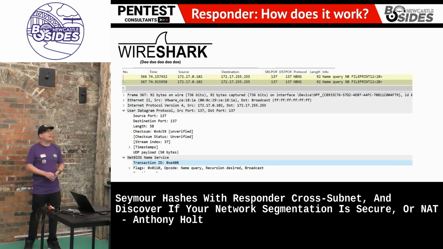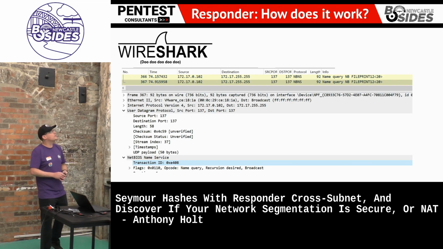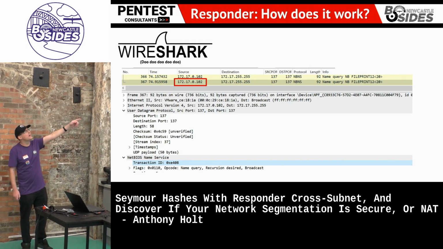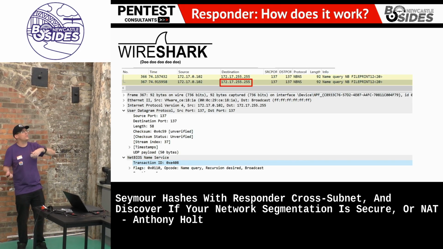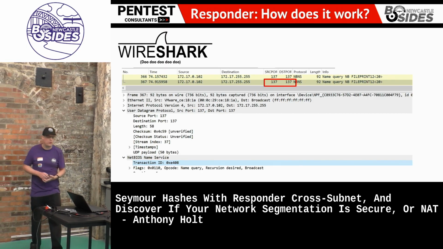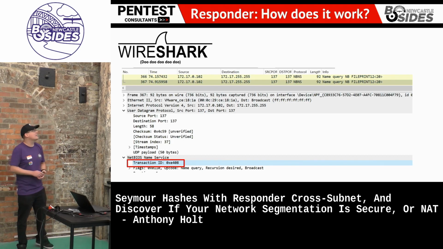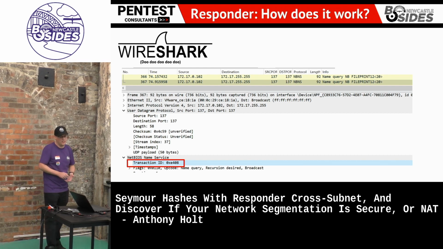Effectively, when a client tries to look for a host name like FilePrint12, it will have a connection coming from its IP, and it will send it to its broadcast name resolution network address. It always uses the same port, UDP 137, for both the source and the destination. And the key thing to take away is that it uses something called a transaction ID.